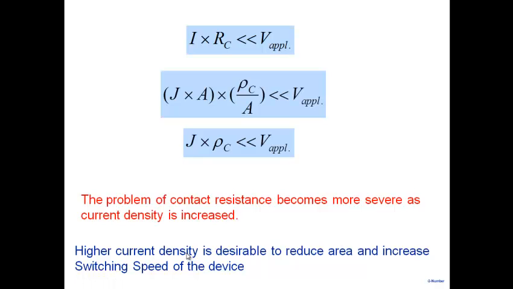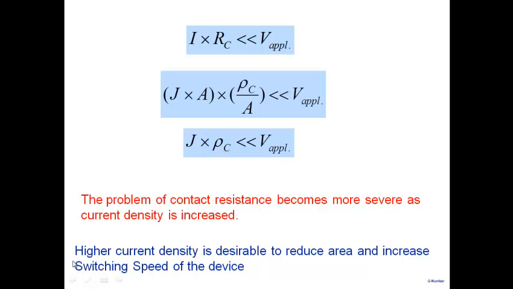So for a variety of reasons, you want to make your circuits compact, you want to make them cheaper using smaller area, you want to increase the switching speed of the device. All of these you get often by making current density large. And as you make current density large, you can see these problems become more severe. Okay, this J into rho C becomes more severe here.